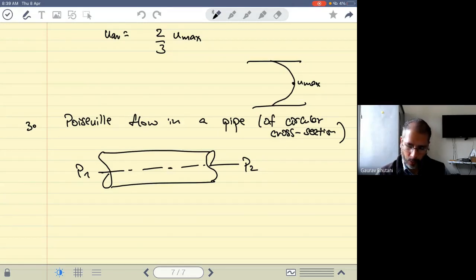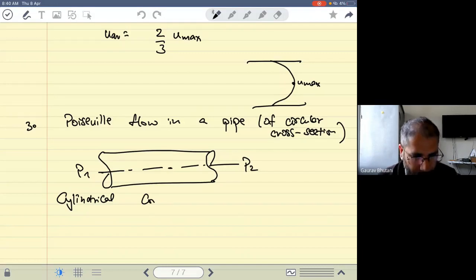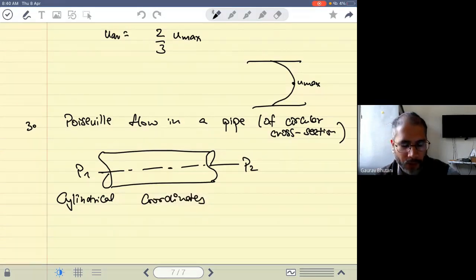So what you see here is that a pipe is a cylinder, so you can use your cylindrical coordinate system. Okay, so use cylindrical coordinates. That will make your life much easier.